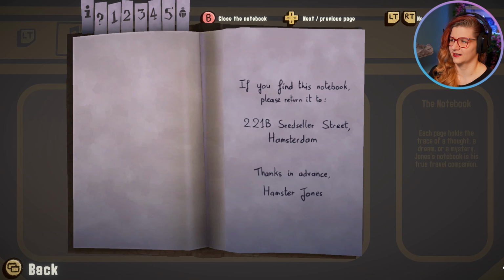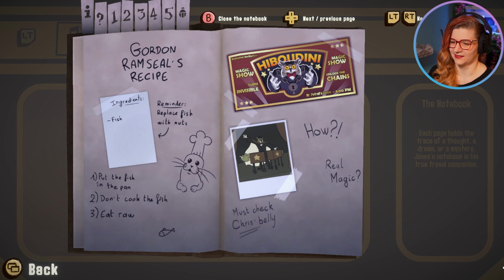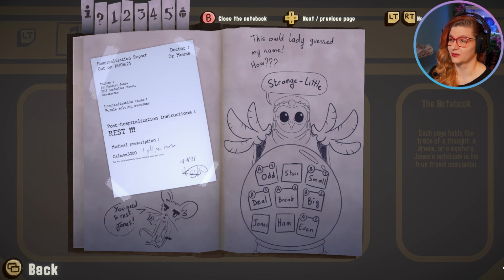One thing is that obviously we have the start of the notebook where we have various random notes, and there might be things hidden here. I've been looking at this page with the owl, where it says the owl lady guessed my name, how? And then she has cards in a 3x3 grid, and they have A1, B1 numbering on them, and then it says odd, even, small, big, deal, and break, right?